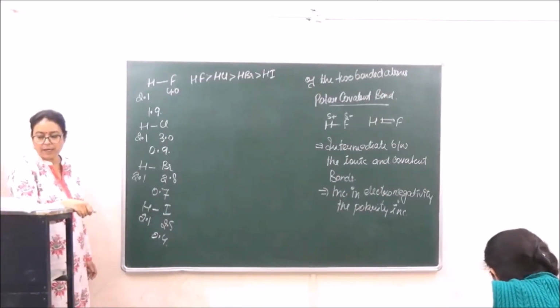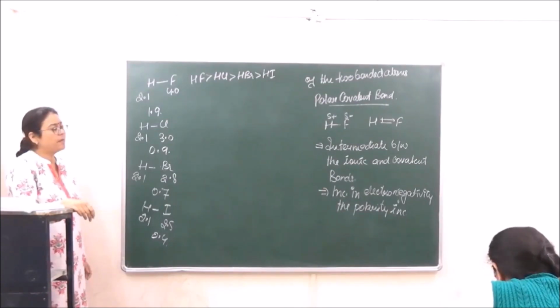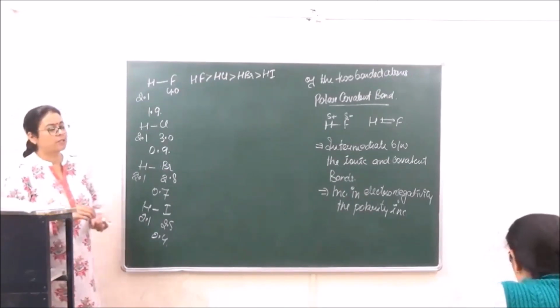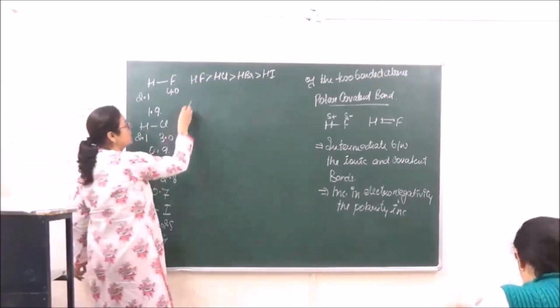Now according to Pauling, the percentage of ionic character can also be calculated on the basis of electronegativity difference. Let's just draw a table.